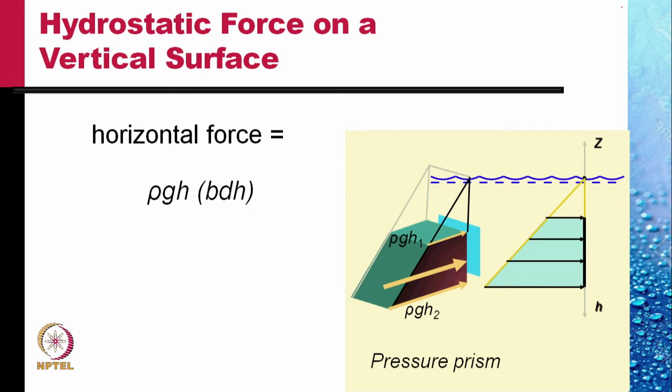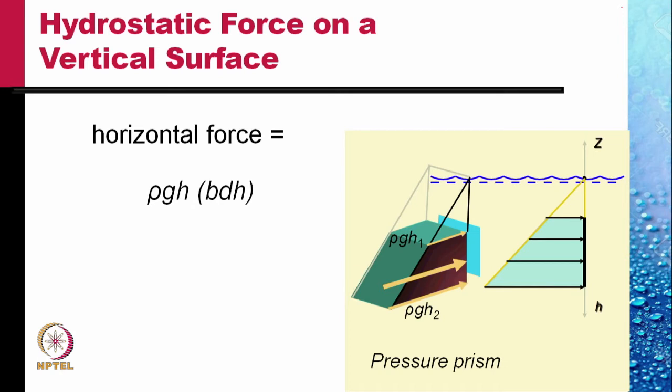Let us consider an element of height dh at a depth h from this free surface. The pressure on that little element would be rho g h, and so the force on the element would be rho g h times b dh, where b dh is the area of that element.